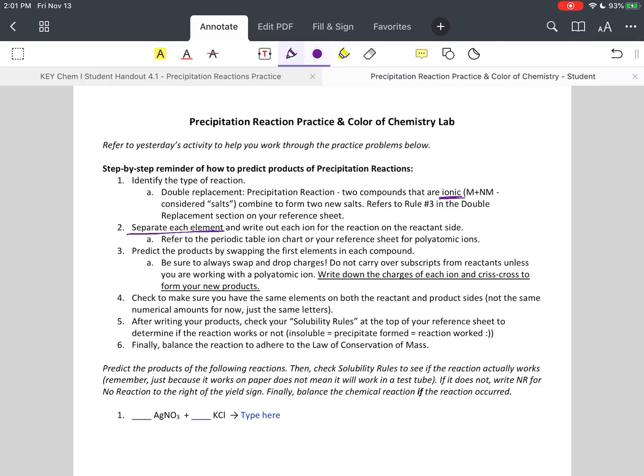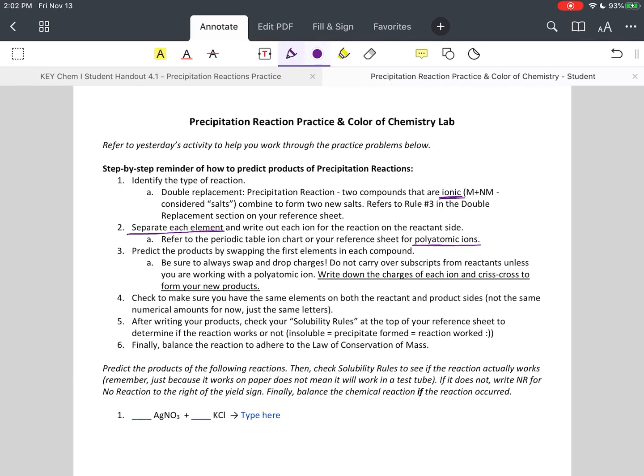So not only are you going to need access to your polyatomic ion reference sheet, but you're also going to need access to the general reference sheet that has charges for just your ions that are located on the periodic table. And both of those are found on the references page for the general class information.